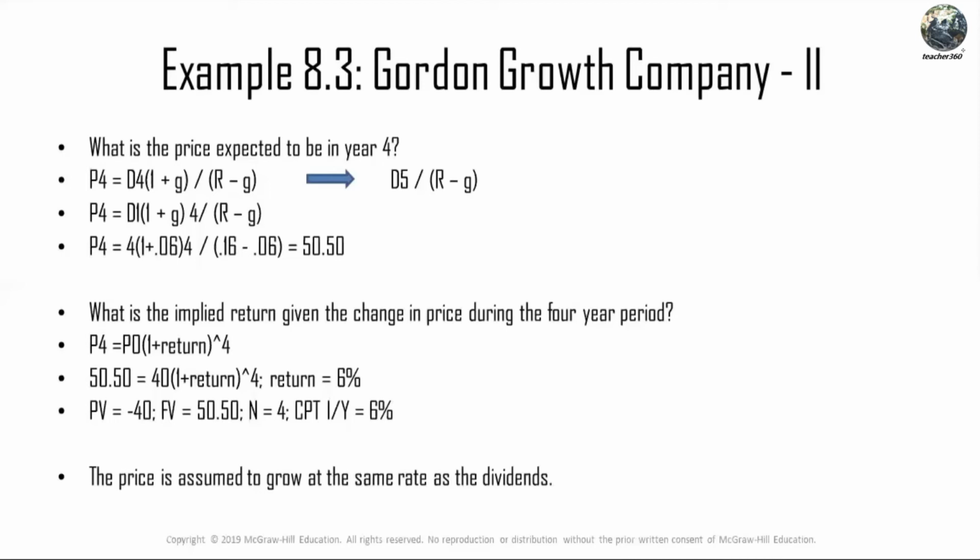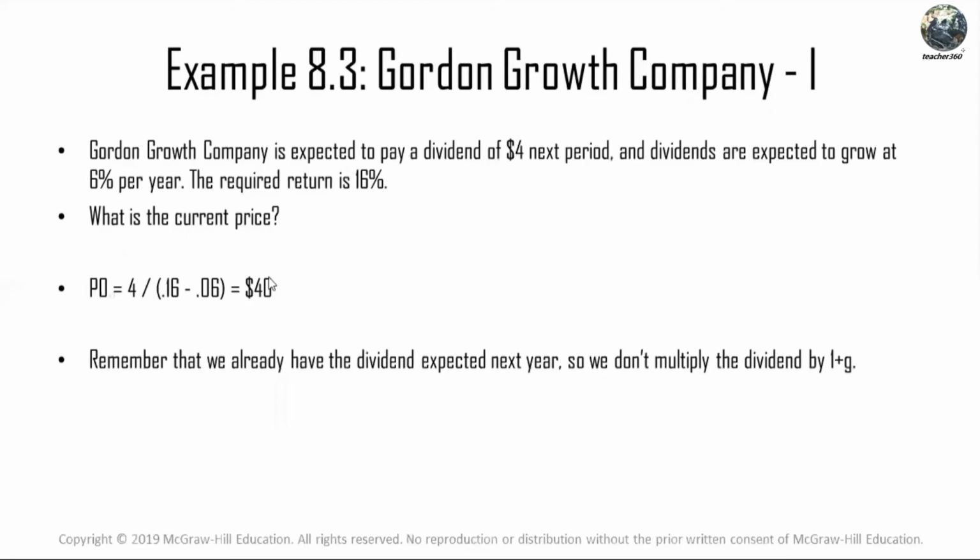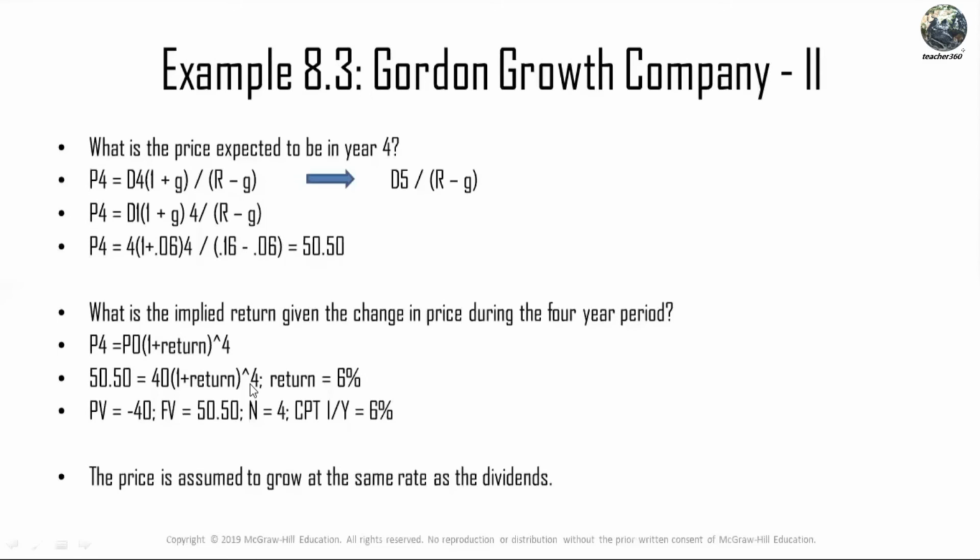Your year 4 share price is 15.50, and the year 1 share price, which you have already found, is $40. Then 1 plus return power 4. After calculating, you will get the return as 6%.